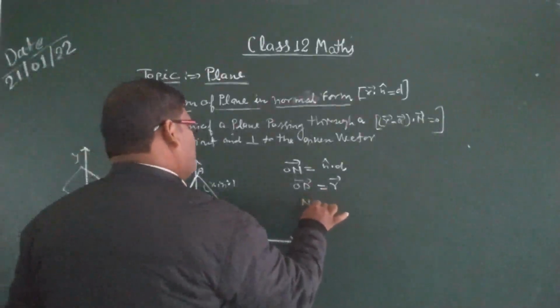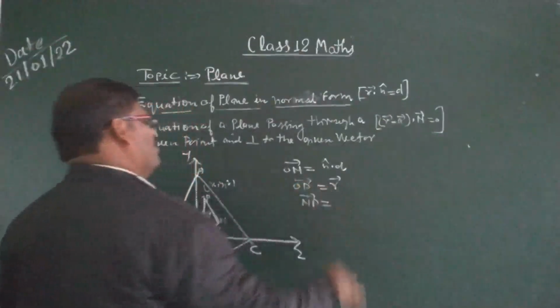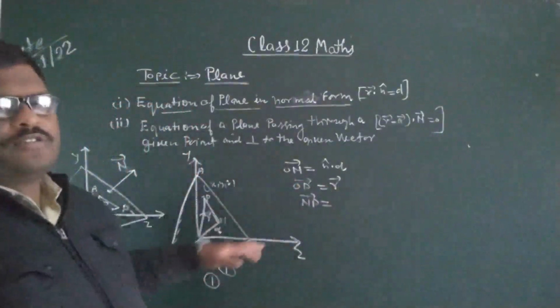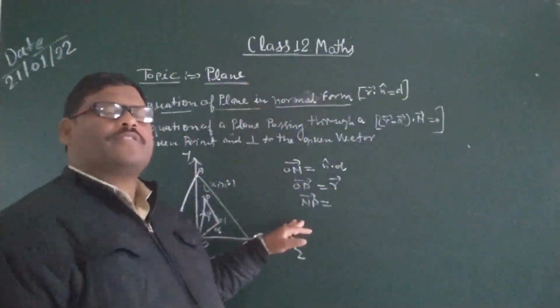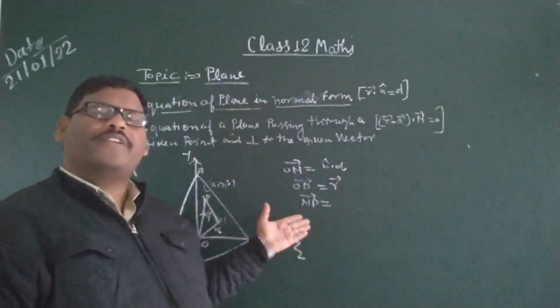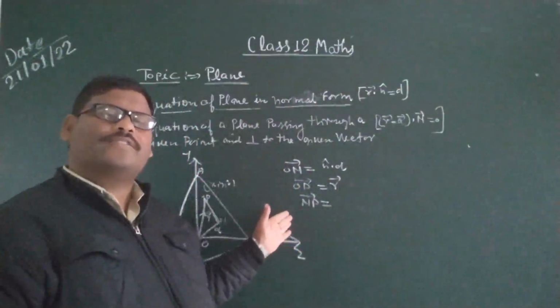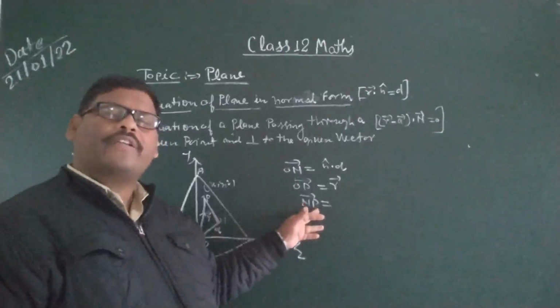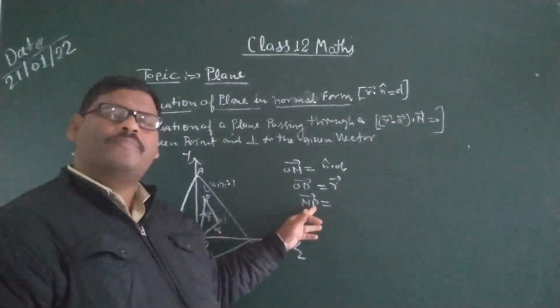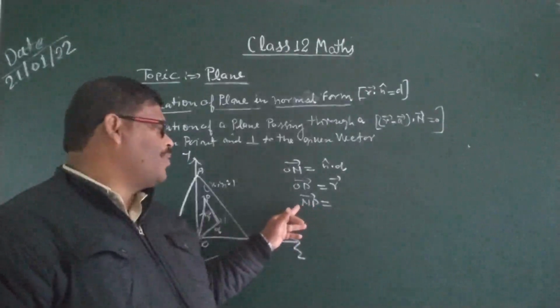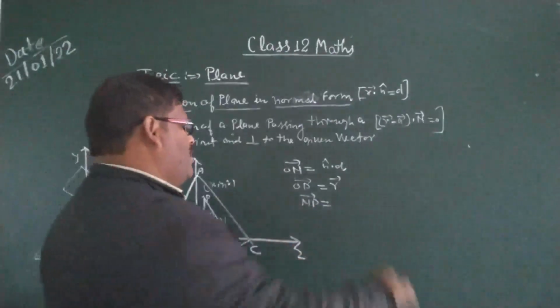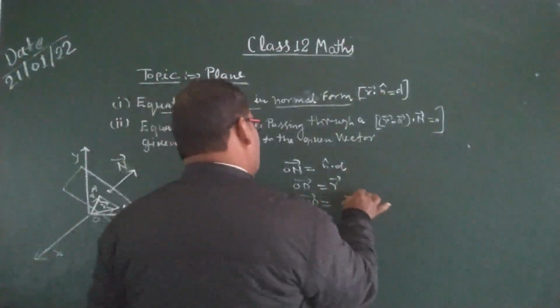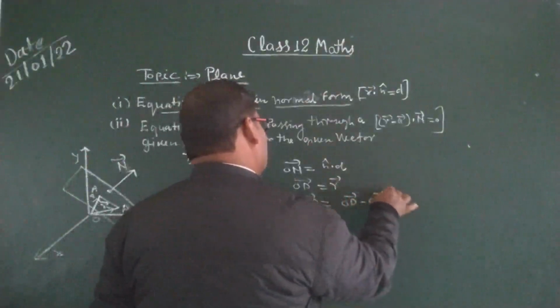As you know, any vector is dependent on the position vectors of the given points, so we can write vector NP is equal to position vector of the point P minus position vector of the point N, that is vector OP minus vector ON.